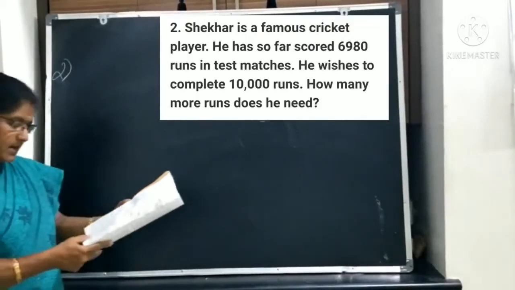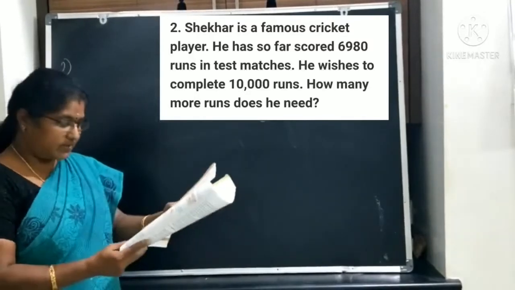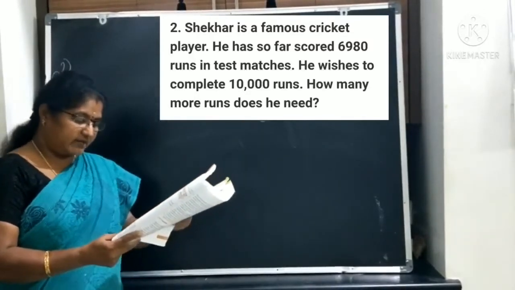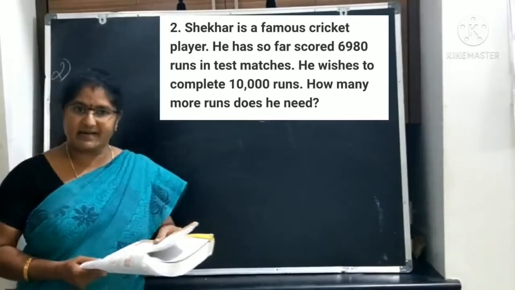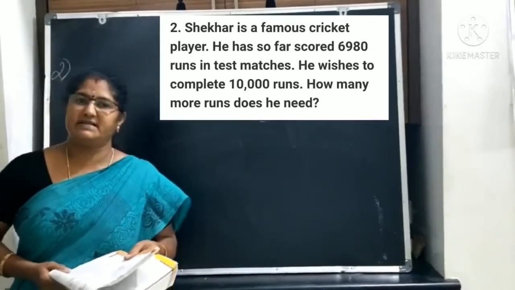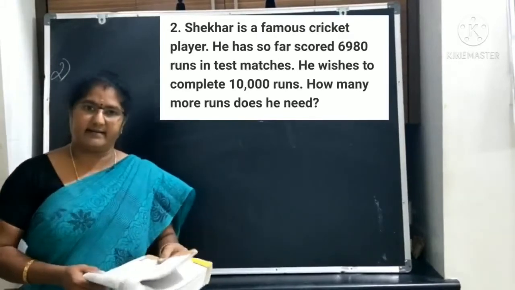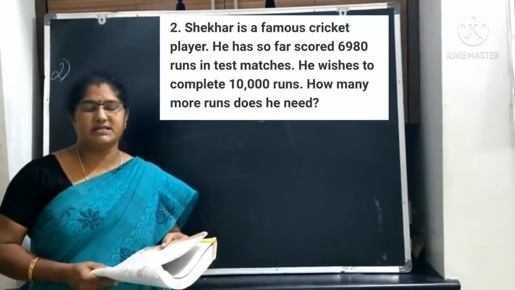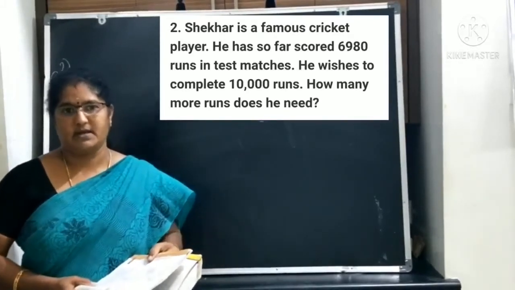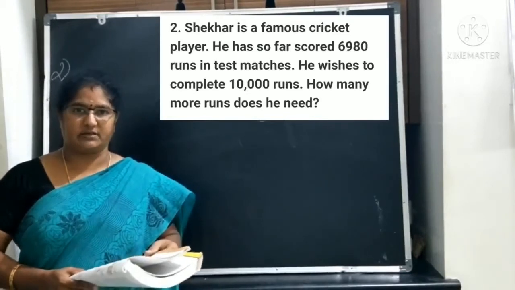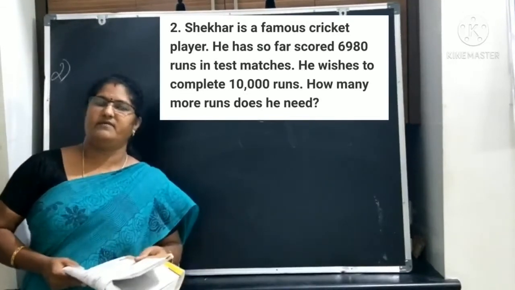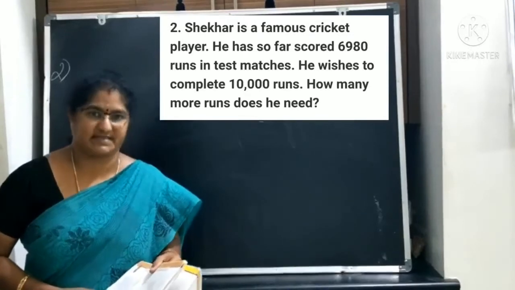Here there are two numbers. Shekhar wants to complete 10,000 runs, but he scored so far 6,980 runs. So in this problem we have to subtract. The operation is subtraction. For subtraction we need to write the biggest number first.